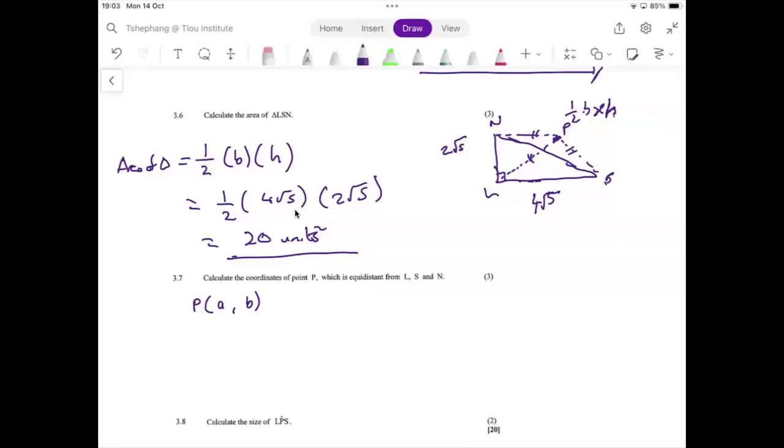But what we know is that they are equidistant, meaning that PL must be equal to PA. Please make sure that you follow each and every step, right? Because of the equidistant part. Now, this simply means I can say that minus 4 minus A all squared plus 1 minus B all squared is equal to minus 2 minus A all squared plus minus 3 minus B all squared.